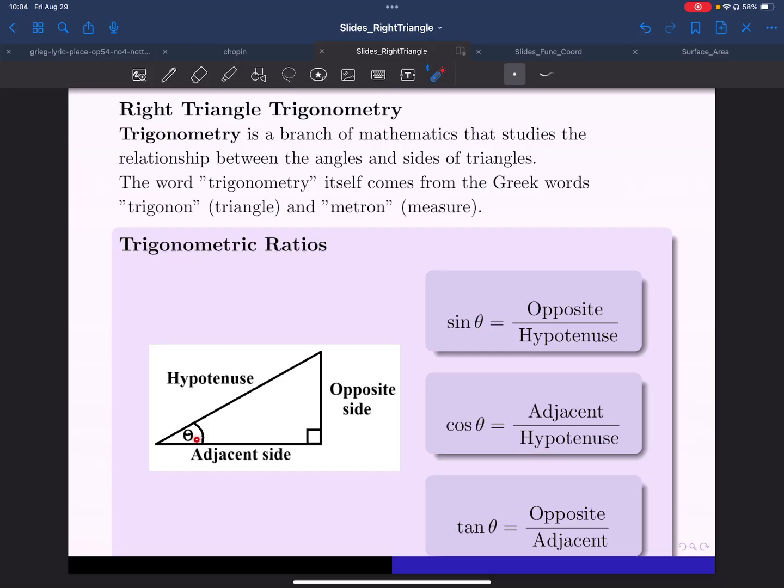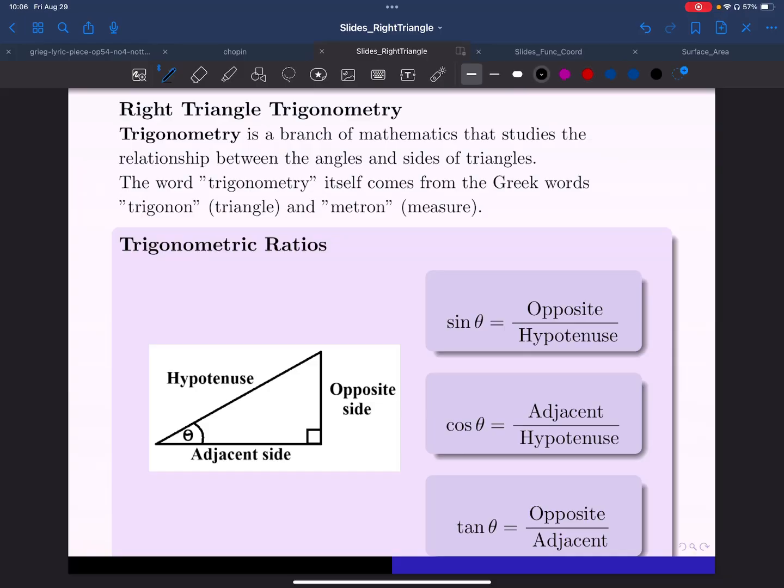And the tangent ratio would be opposite over adjacent.